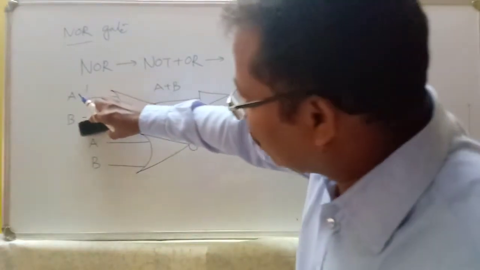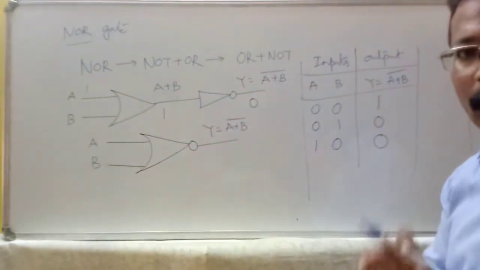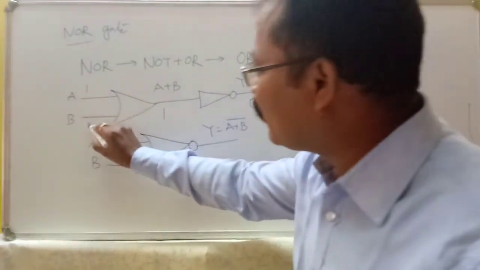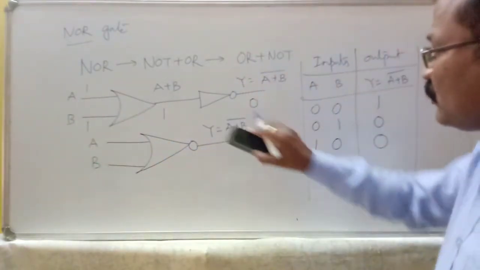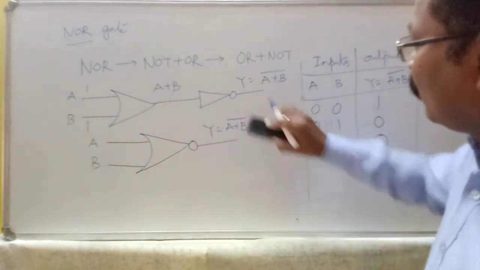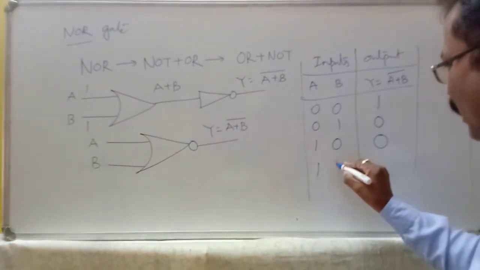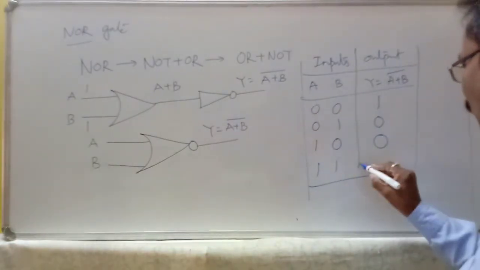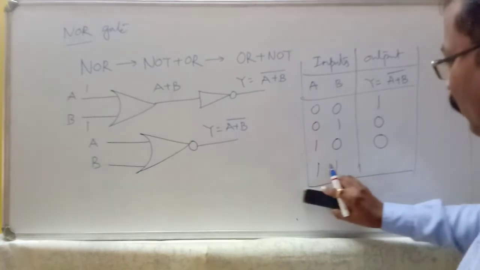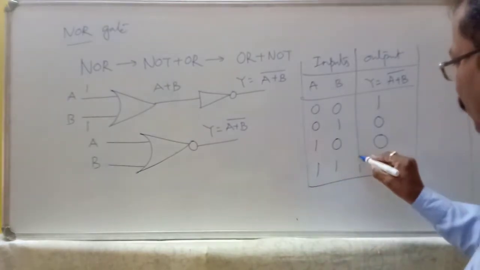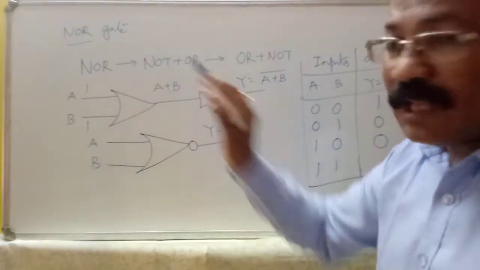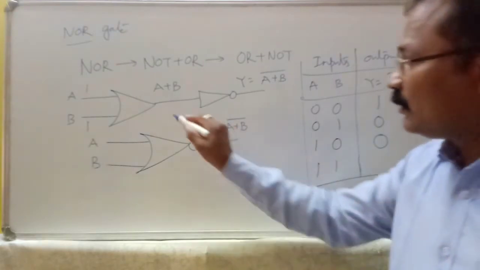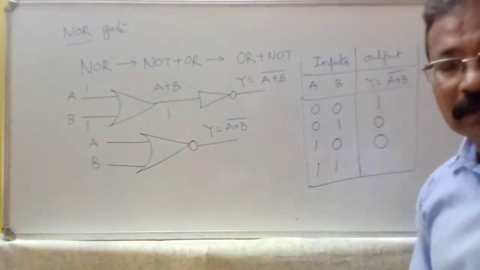In the next case, both the inputs are taken as high, that is A is equal to 1 and B is equal to 1. As per the OR rule, 1 plus 1 is equal to 1.